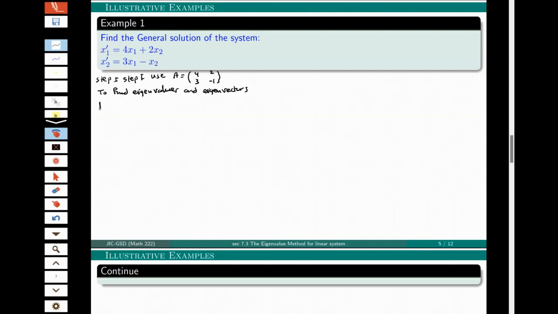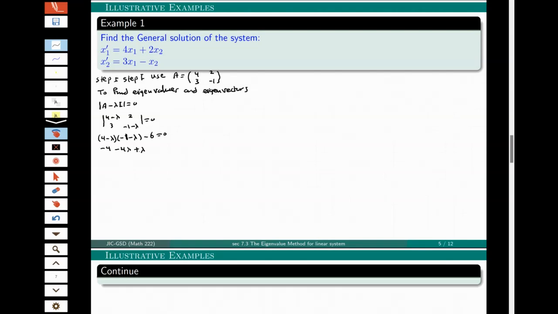Okay, so we have to solve for eigenvalues, determinant of A minus lambda I equal to 0, as we said in section 6.1. So that will be 4 minus lambda, 2, 3, and minus 1 minus lambda equal to 0. That is 4 minus lambda times minus 1 minus lambda minus 6 equal to 0. So 4 times minus 1 is minus 4. 4 times minus lambda is minus 4 lambda.